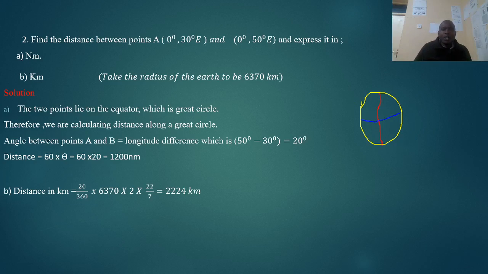You are asked about a point A, which is at the equator, 0 degrees and 30 degrees east. So we need to locate 30 degrees east. The east is this side, so at 30 degrees I call this point 30 degrees east.